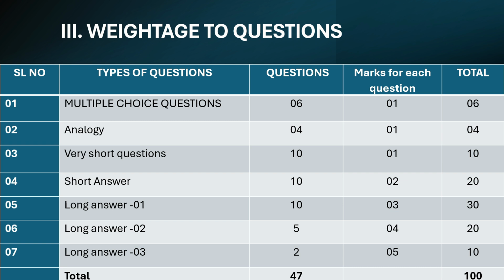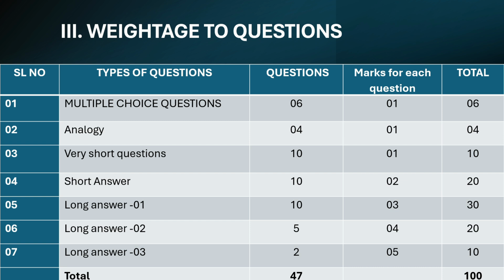You have 4 questions where you score 1 mark each, corresponding to 4 marks. Very short questions, or VSA as commonly known, you will have 10 questions with 1 mark to score, and then total 10 marks. Short answer, you have 10 questions with 2 marks for each question, corresponding to 20 marks.